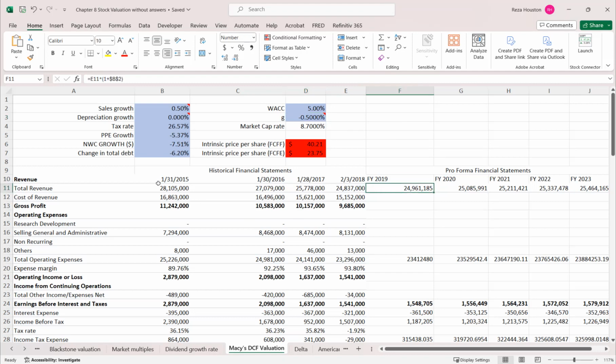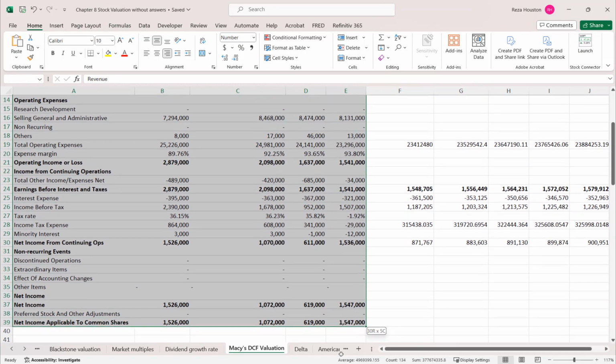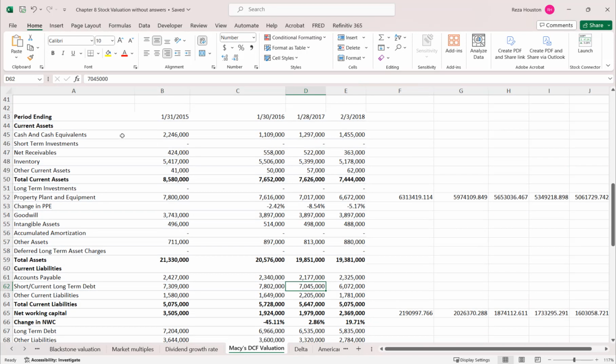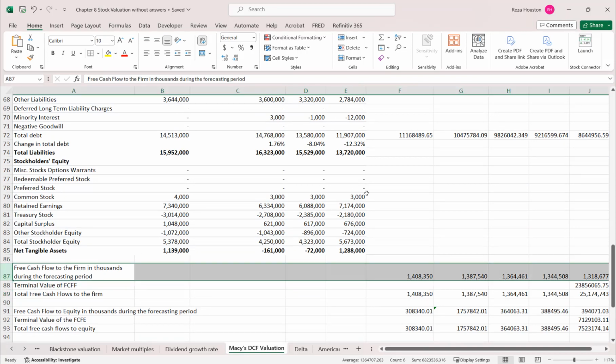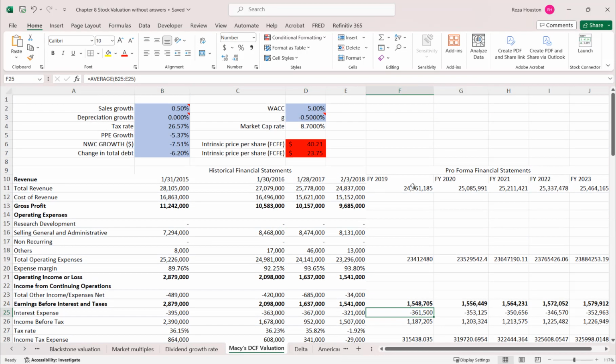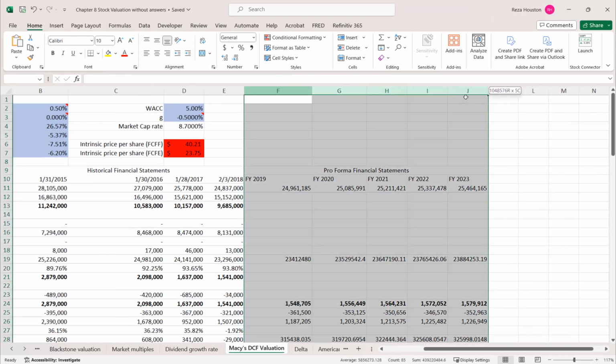Next, once we get these inputs and we put together our income statement data and our balance sheet data, we can calculate our free cash flows, and that's what's happening down here. But let me go up here to our forecasting period. This is the period, the 5 years, where we're forecasting out into the future.